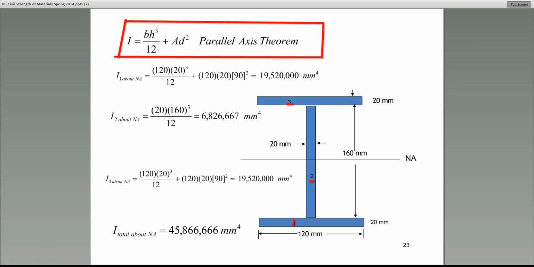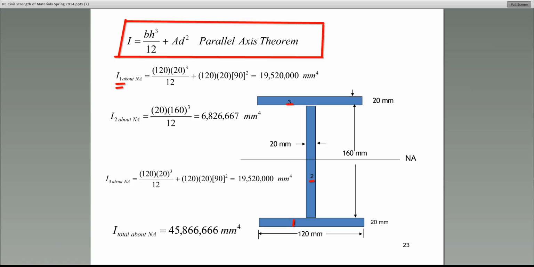So I will not take a whole lot of time, but I will walk you through these calculations to make sure everybody knows how to do it, because as I told you, these are important types of calculations you need to know. All right, so let's start with moment of inertia of segment 1. It's the bottom flange.